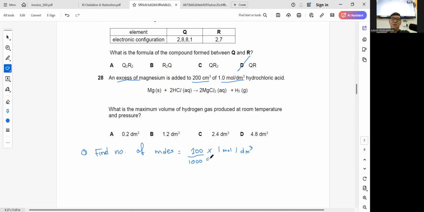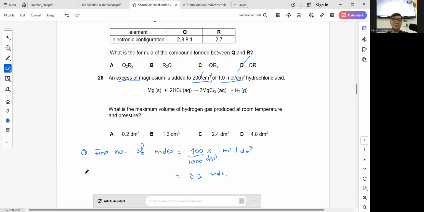It's 200 divided by 1,000 times 1, which is 0.2, because you have to convert the cm cube to dm cube, which is done by dividing by 1,000. So you have 0.2 moles here.